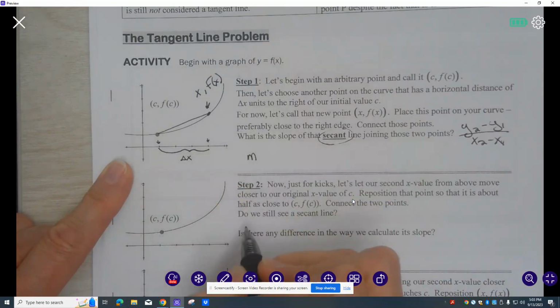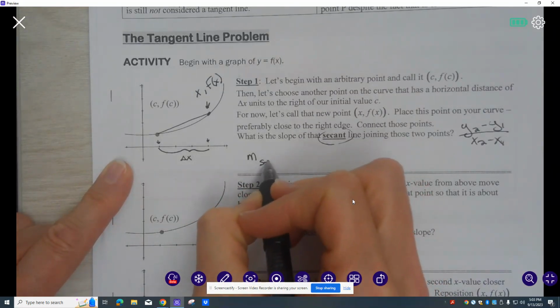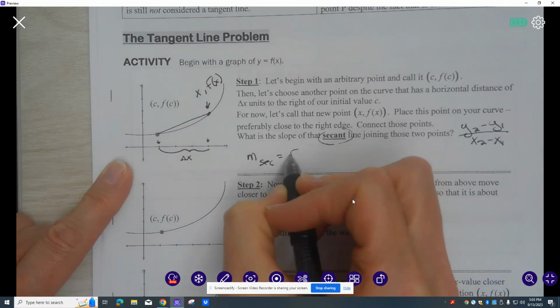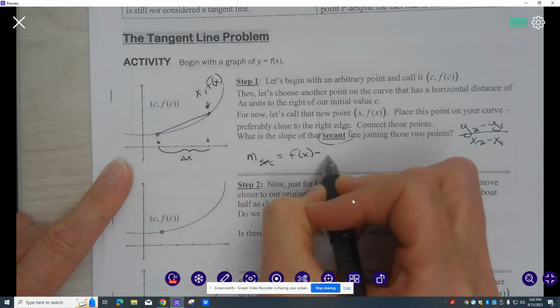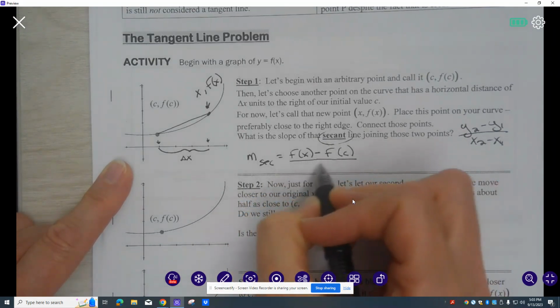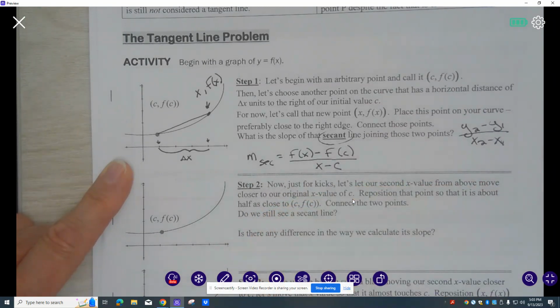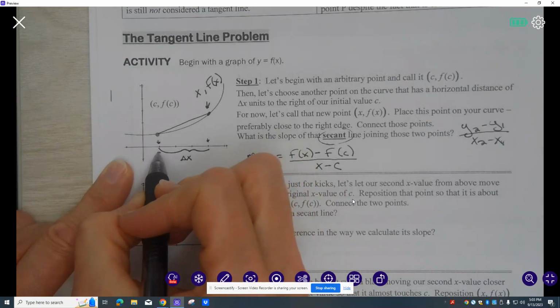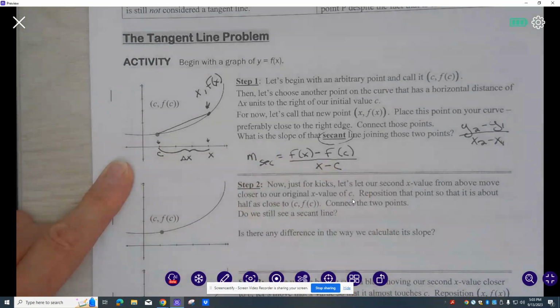So the slope of my secant line will be y2, which is f of x, minus y1, which is f of c, over x2 minus x1. So this is point C, this is point X. Hopefully this is looking familiar to you right now.